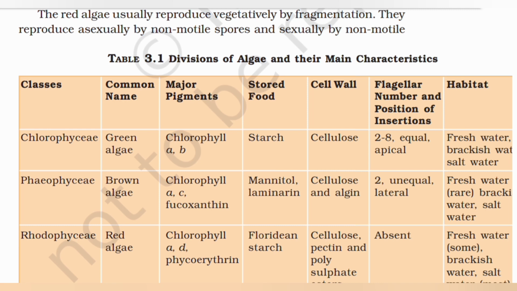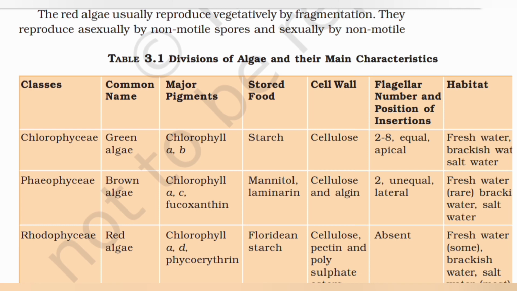Chlorophyceae, green algae, major pigments chlorophyll a, b, stored food starch, cell wall cellulose, flagellar number and position of insertion 2 to 8 equal apical, habitat freshwater, brackish water, salt water.